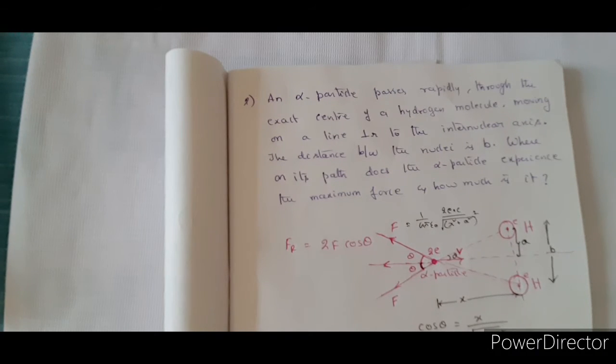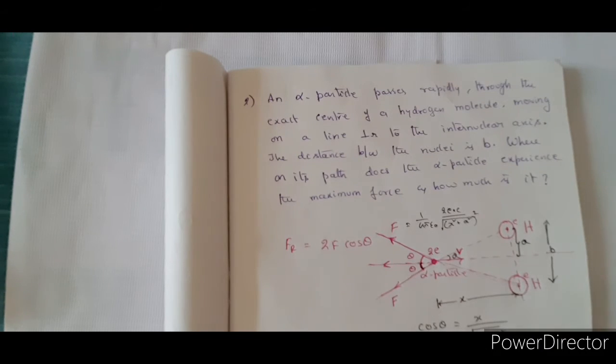An alpha particle passes rapidly through the exact center of a hydrogen molecule, moving on a line perpendicular to the internuclear axis. Distance between the nuclei is B. Where on its path does the alpha particle experience the maximum force and how much is it?